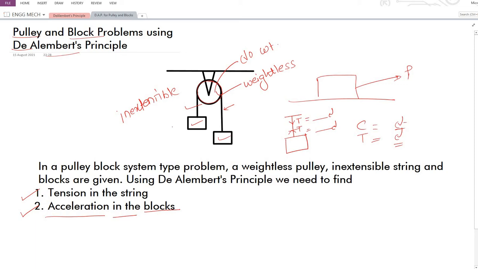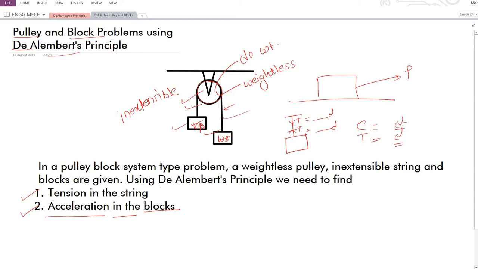Since two blocks are there and this is a very simple representation of a pulley and block problem, here you can clearly see the block having more weight will be going downward and the block which is lighter in weight will be going upward. We will shed more light on that, but still just remember that pulley is weightless, string is inextensible.